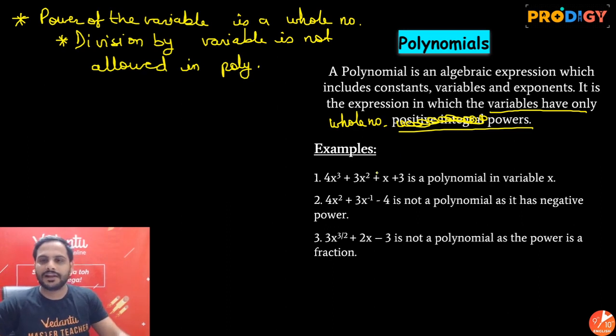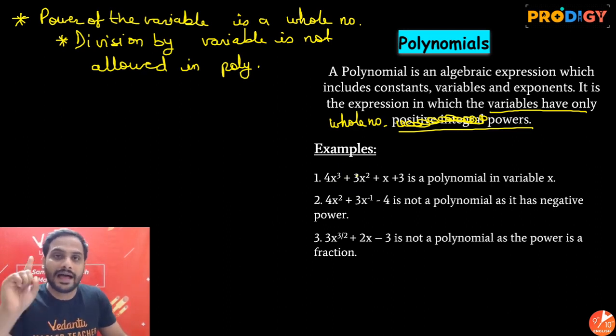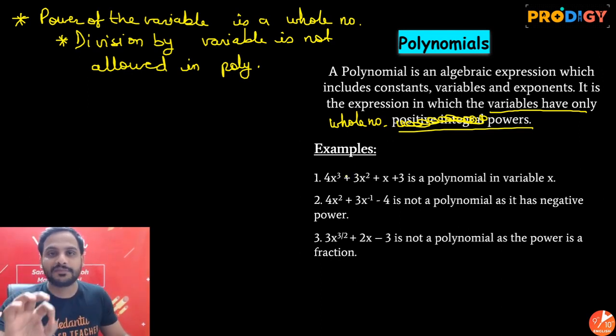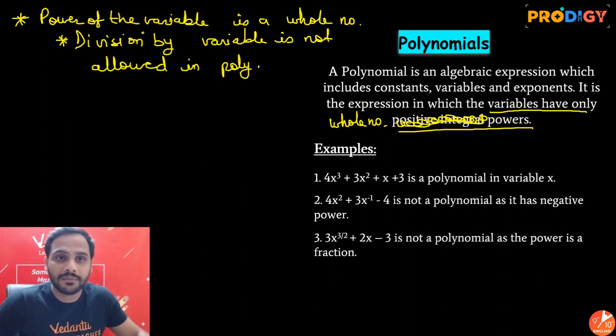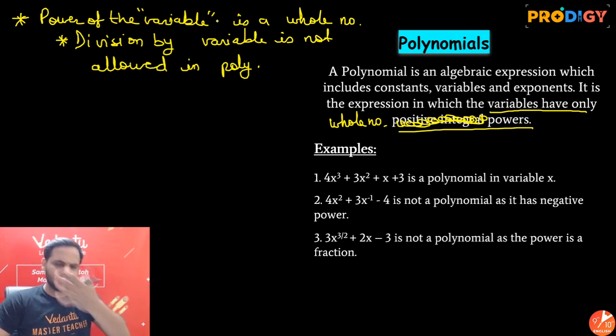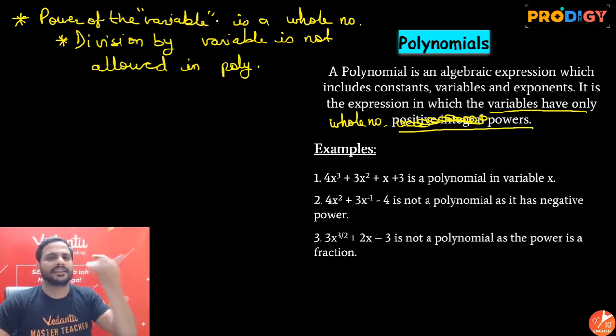Got it? So here I can say, suppose 4x cube plus 3x square plus x plus 3. I will look at the powers of the variable. Please make sure you understand, only the power of the variable I am talking about. The numbers, the coefficients, they can have any power. Coefficients can be fraction, negative, irrational, anything, we don't mind.